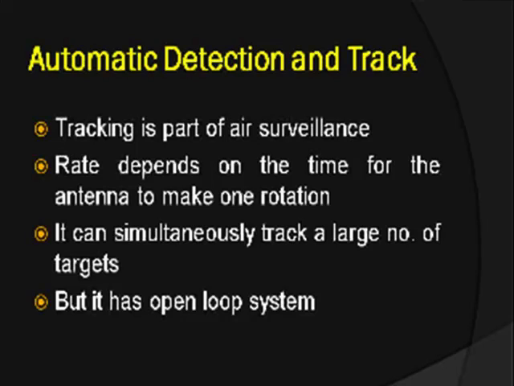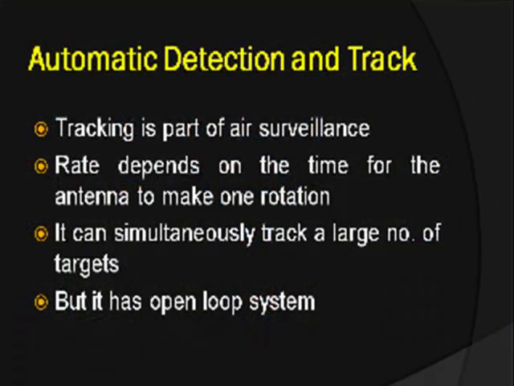That means the antenna will be rotating at a high speed as in the case of a surveillance radar, but around the target location it will be made to rotate slow so that more pulses can be transmitted towards the target to get more accurate data of the incoming target.